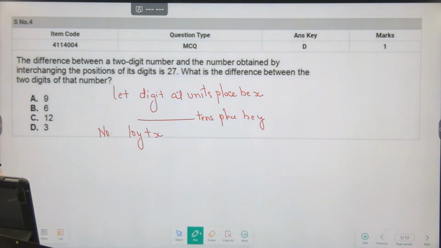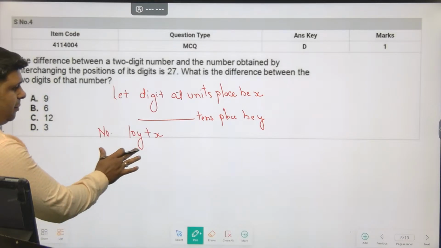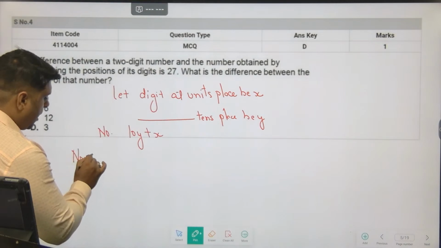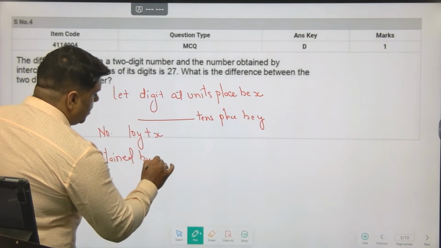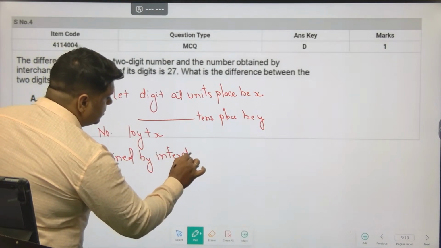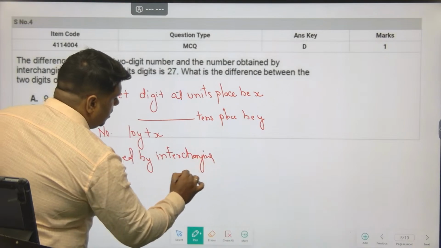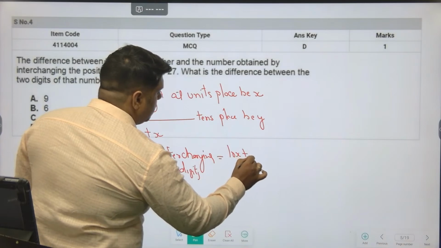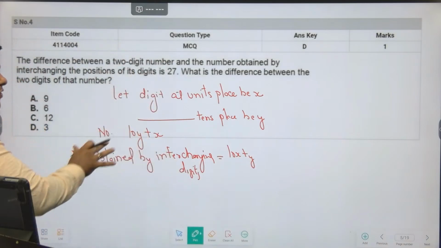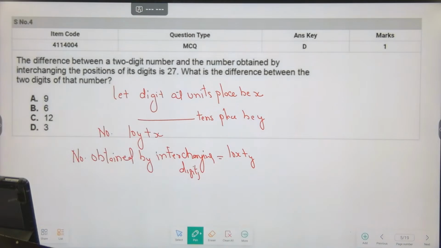The difference between the two-digit number and the number obtained by interchanging the positions of its digits, so the number obtained by interchanging digits will be equal to 10x plus y. Now the difference of these numbers is 27.